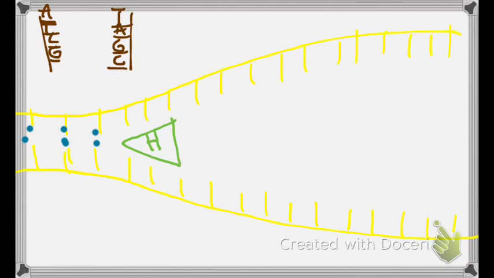Okay, now, what we're doing with this replication bubble is we're going to come in and bring in nucleotides, and there's going to be nucleotides that attach to one side, nucleotides that attach to the other side. So what would attach to the A? T. What about the T? A. G, C. All right, and then what about to this side?